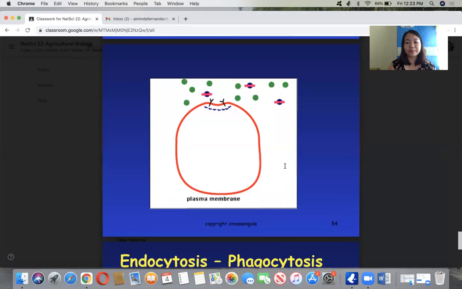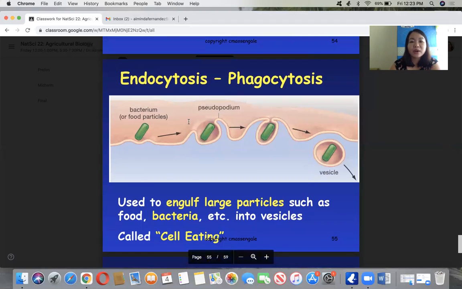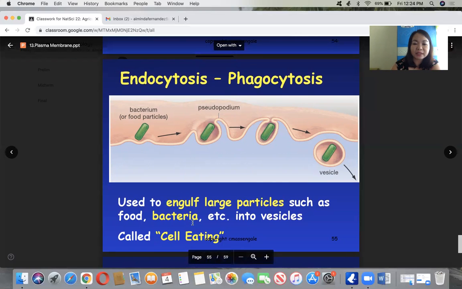Here the molecules are facilitated by receptors, and they are engulfed inside the plasma membrane. Another type of endocytosis is phagocytosis, used by cells to engulf large particles such as food, bacteria, etc. into vesicles.